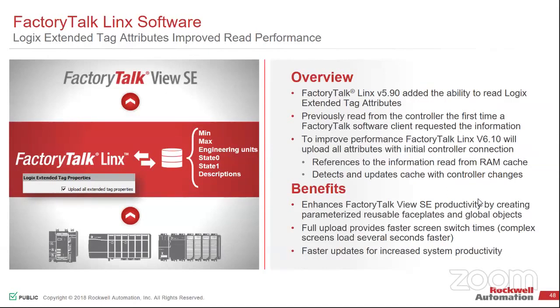A real quick notification about this: this is for FactoryTalk application types on the newer platform, meaning this is not for the PanelView Plus family. So that's just another thing to consider if you are trying to do this.